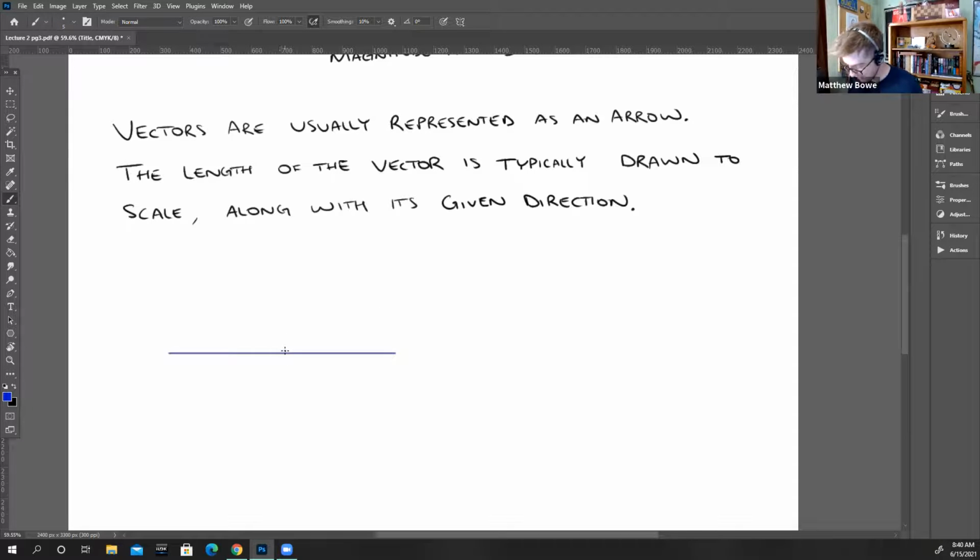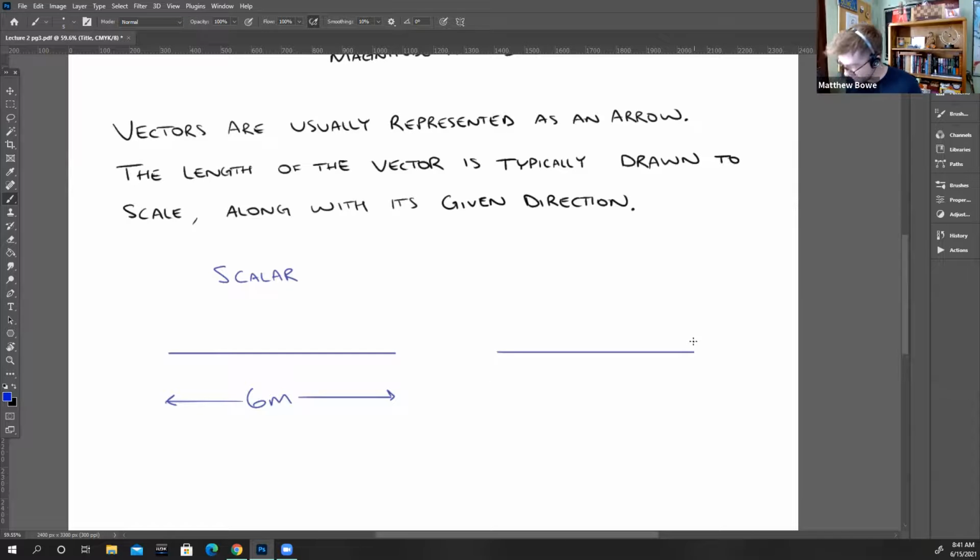You could say that thing is 6 meters long. It's just a value it holds. That is a scalar quantity. It has a magnitude, but no connected direction.